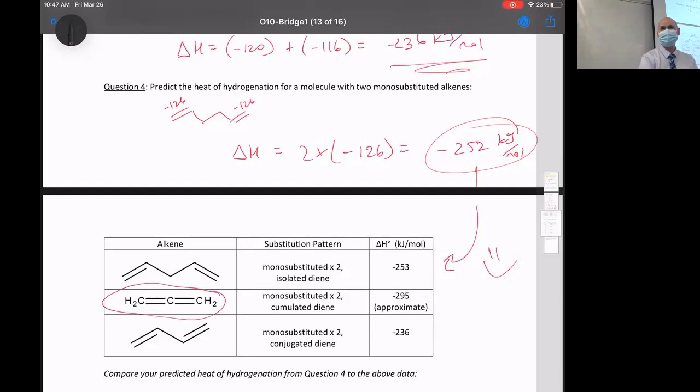What did you just say? Because the value is too big. It's really, really reactive, which means that they're very unstable. So they can't exist. Yeah, so these things would do anything they could to react, so we actually never see them. Three-dimensionally, they're really weird. Three-dimensionally, what's the hybridization, Angel, of this carbon right here?